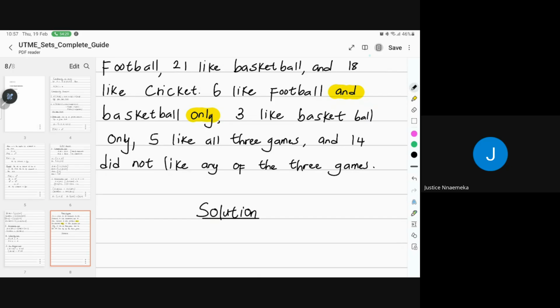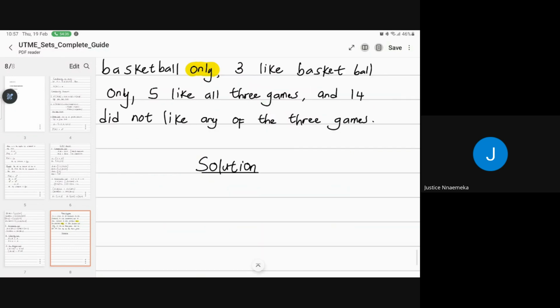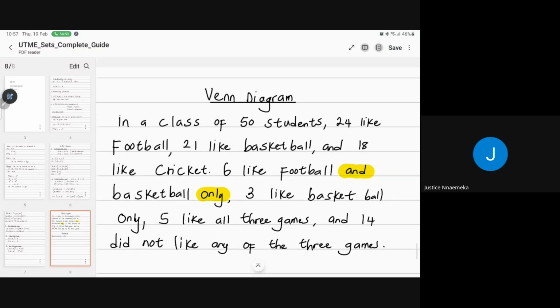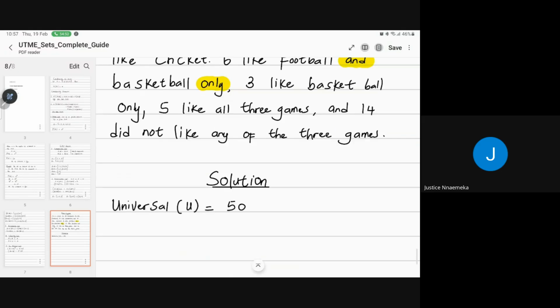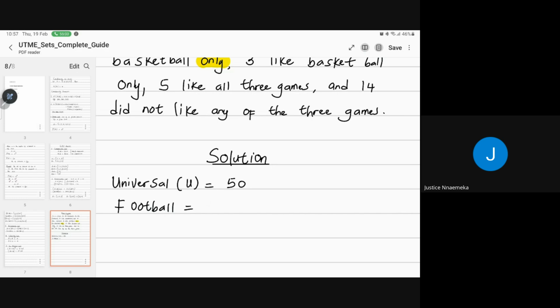We're going to write down the key variables they gave us. They said that there are, in a class, 50 students. That means that the universal set, which we denote U, is equal to 50 students. Now they went ahead to say that 24 like football, so football equals 24 people.